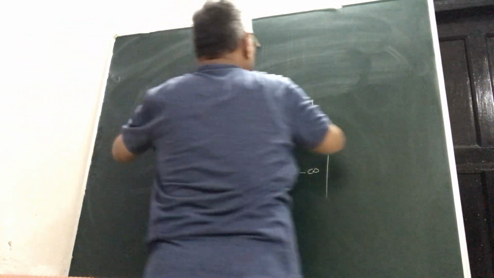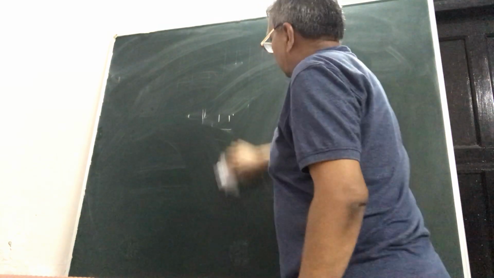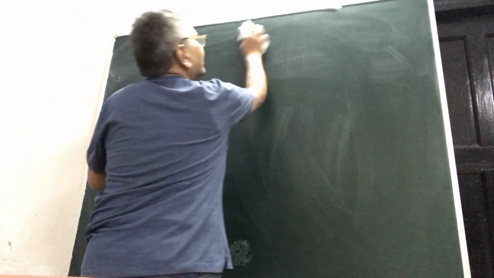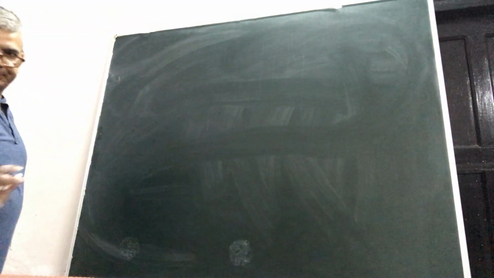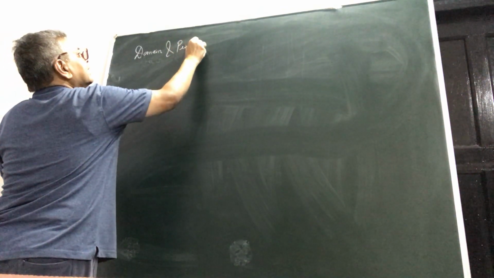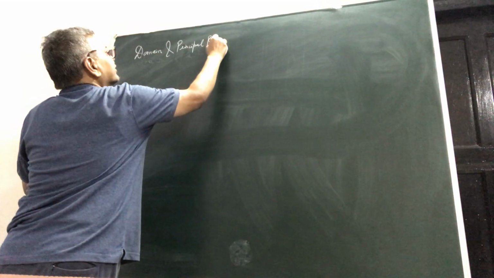Please make sure that you practice all these graphs, reason them out the way I have done it, and make sure that these principal branches are very well remembered by you. So now I will first write here the domain and principal branches of trigonometric functions.